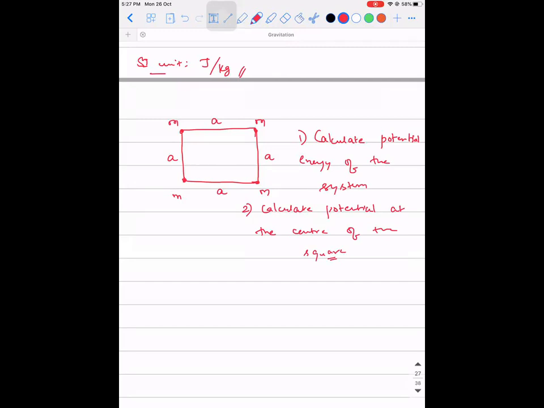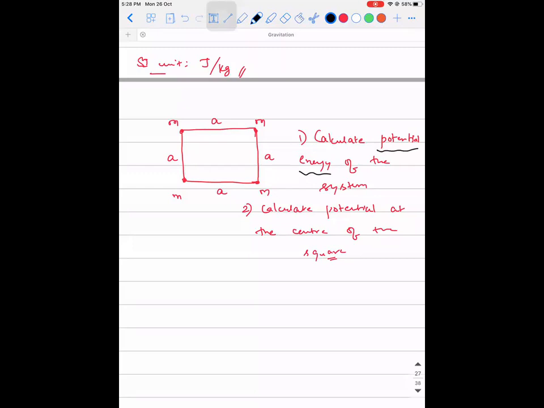Before we proceed, I want to explain one important point. Whenever the context is about potential energy, it is defined between two masses. That is the preposition used. Potential energy can be defined between masses, whereas potential is defined due to a mass.